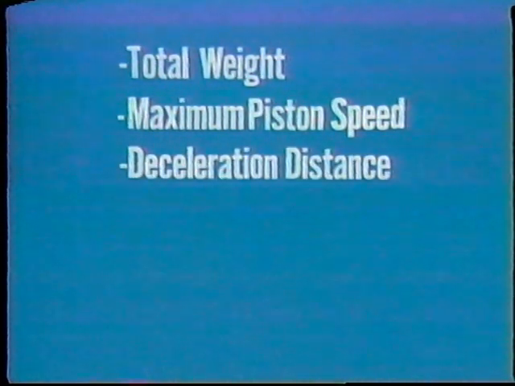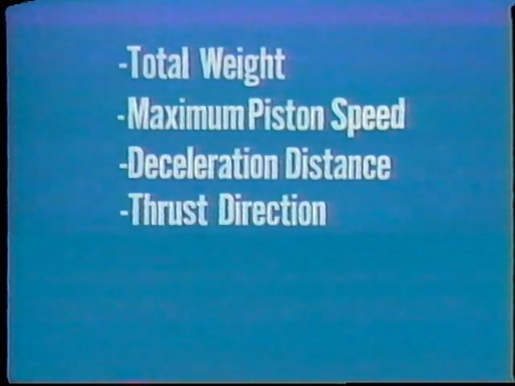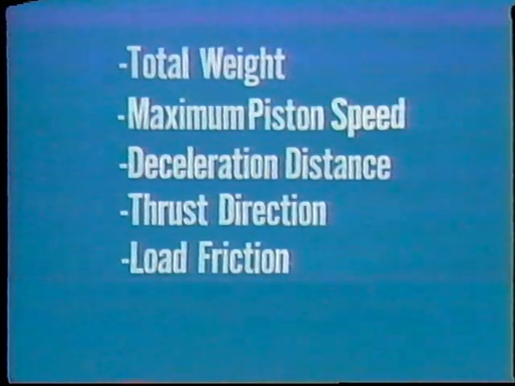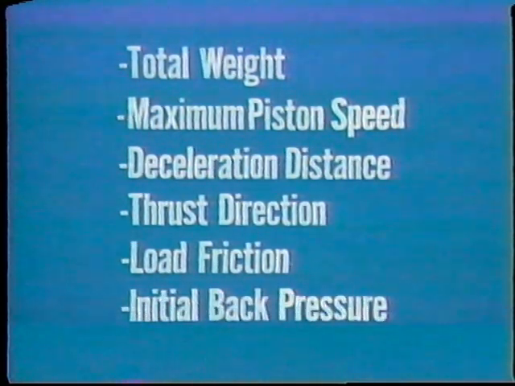How much distance will be available for deceleration, the direction of the load, friction, and finally, whether there is any initial back pressure in the cushion cavity before cushioning starts. All of these must be considered for critical designs. However, let's take a close look at a few of the more important of them.